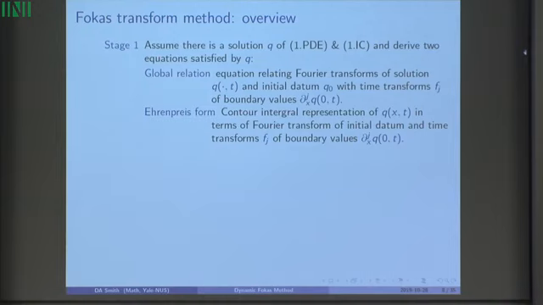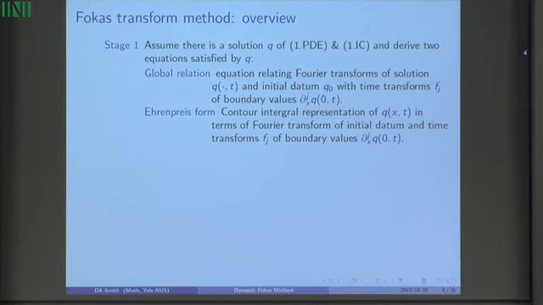So the first stage of the method, you assume that there's a solution of the partial differential equation and the initial condition. We're not going to use the boundary conditions at all yet, just the PDE and the initial condition. And you derive a couple of equations that definitely Q must satisfy. The first is called the global relation, and that relates Fourier transforms of the solution and the initial datum with some kind of time transforms of the boundary values.